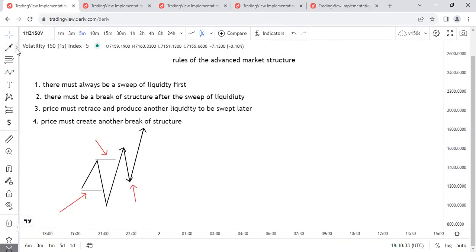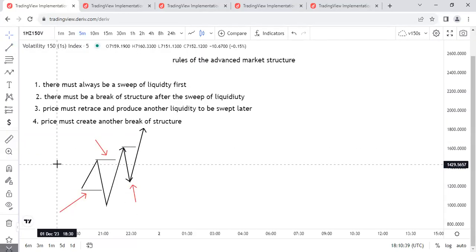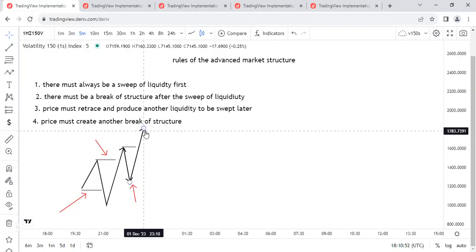Price has created another break of structure, so we must have 1 break, 2 breaks. If 2 breaks are not there, it's a break failure and you will crash. See, second break of structure, confirm.